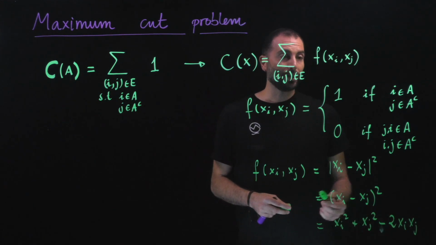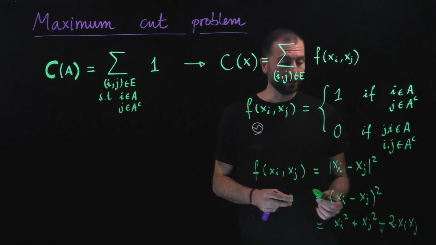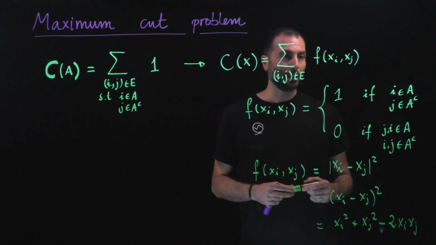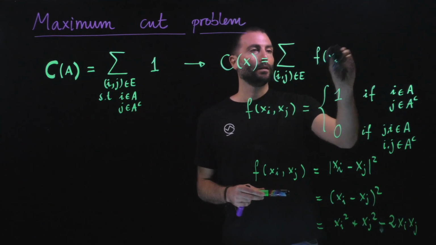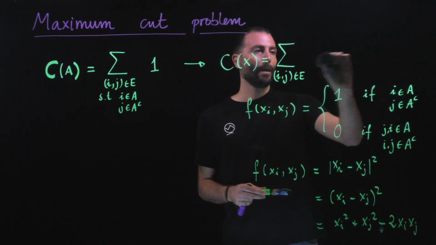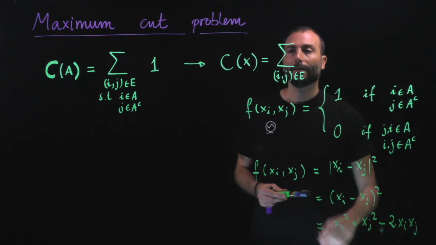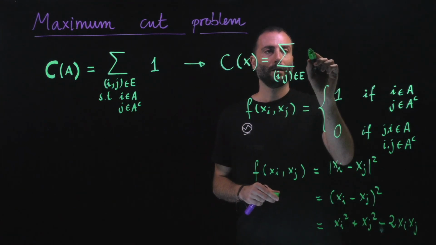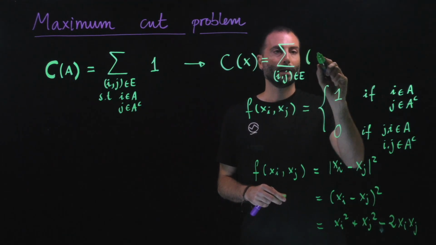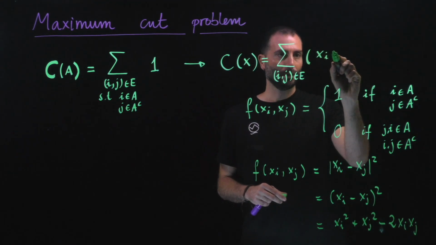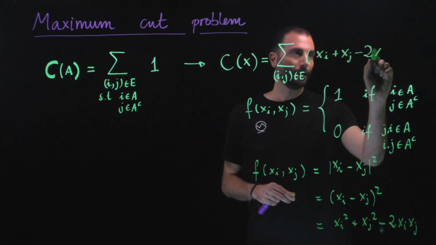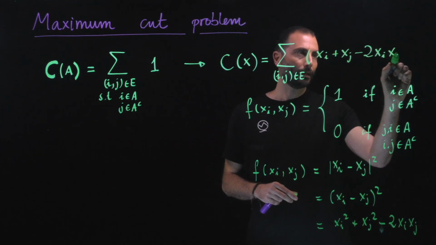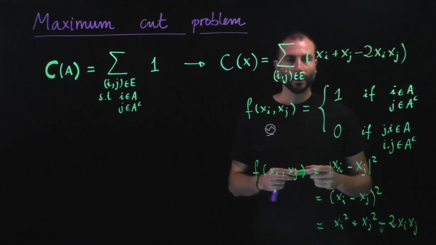As xi and xj are binary variables, its square is the same as themselves. And then basically we can formulate the problem as xi plus xj minus 2 xi times xj.